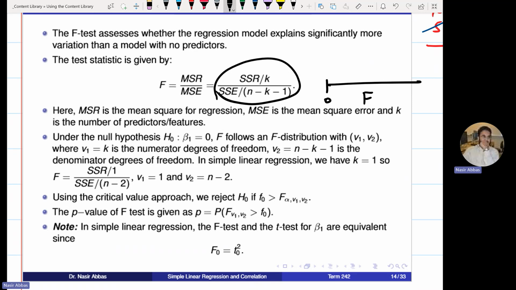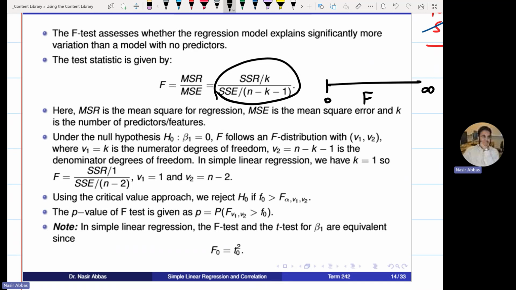It will be almost 0. And what happens to the ratio? Something divided by 0. Infinity, right? So I define a ratio, I call it F. Now this F is from 0 to infinity.